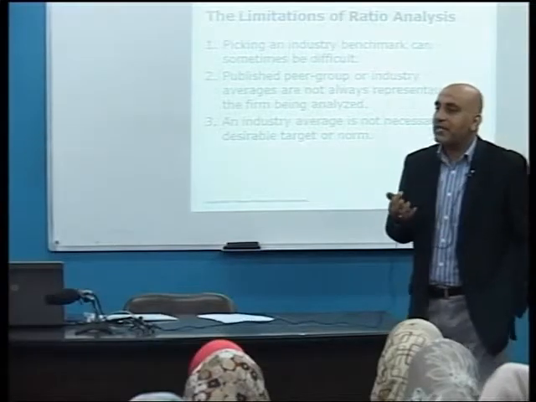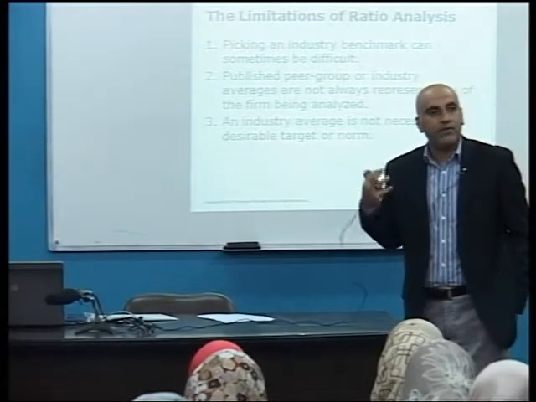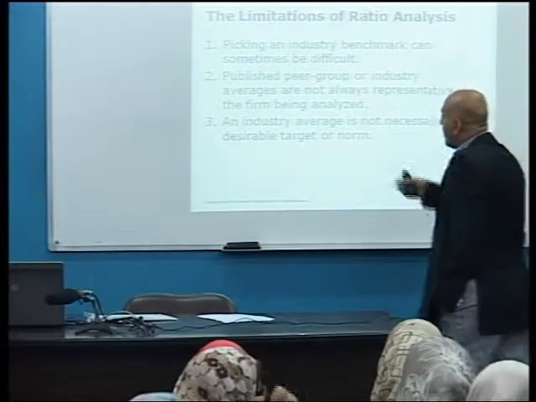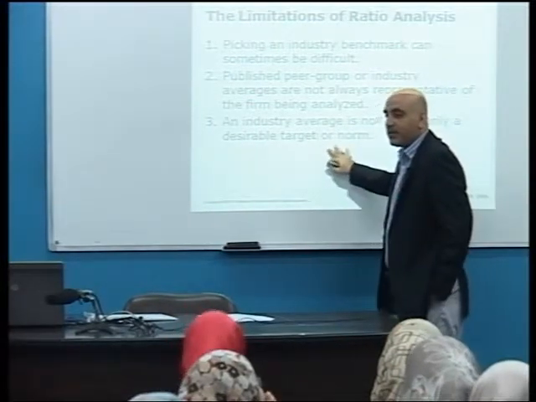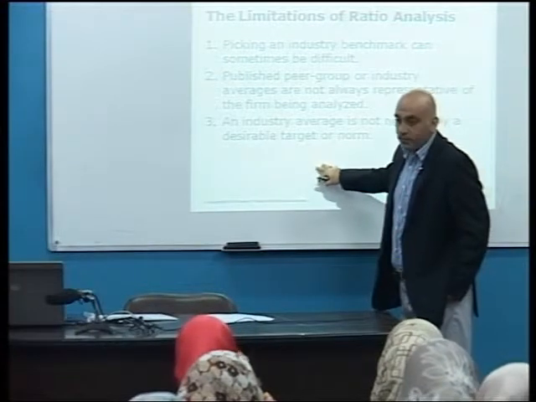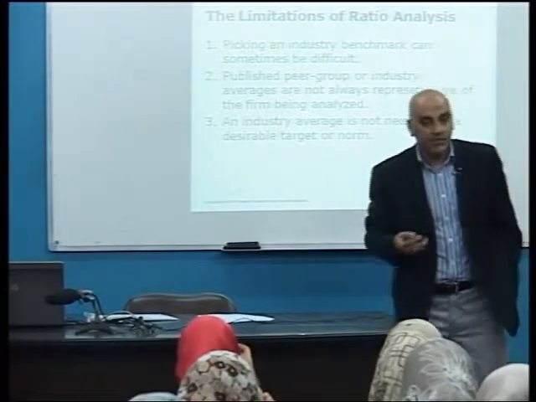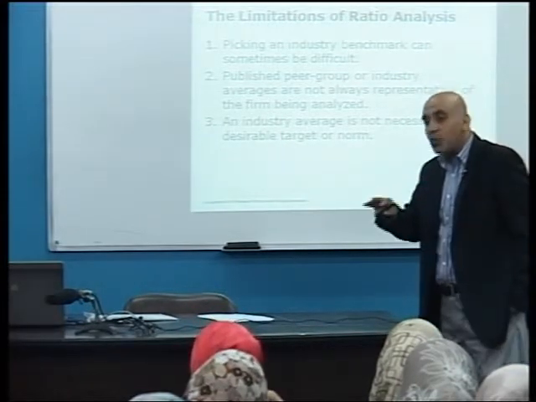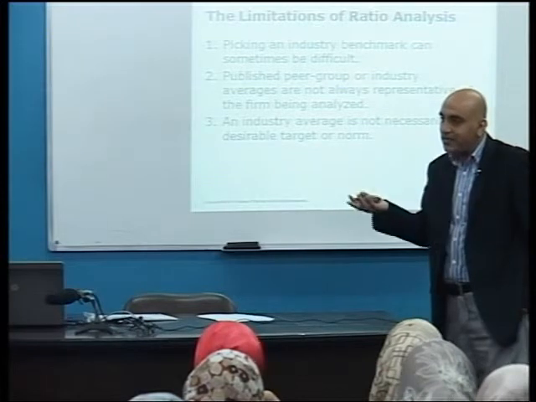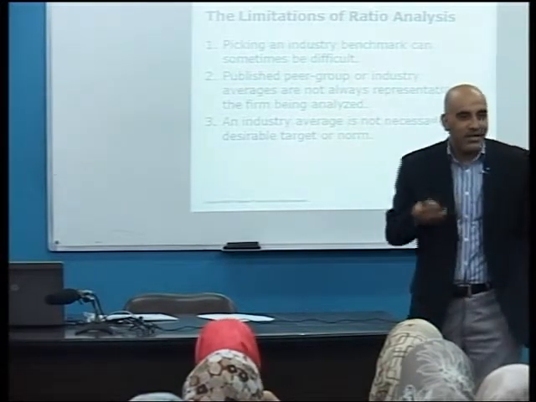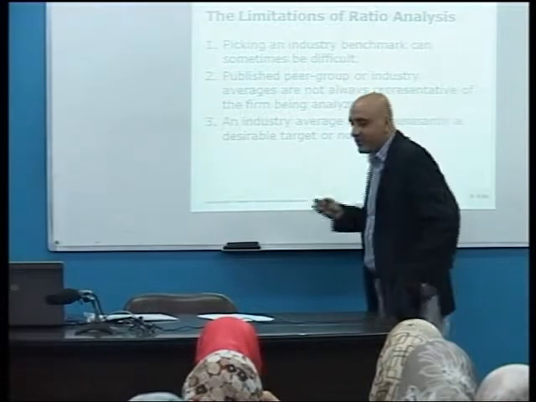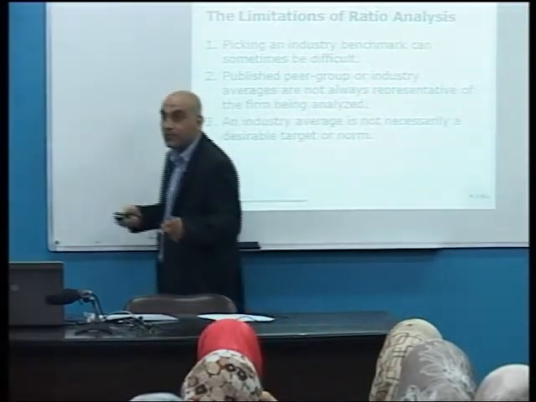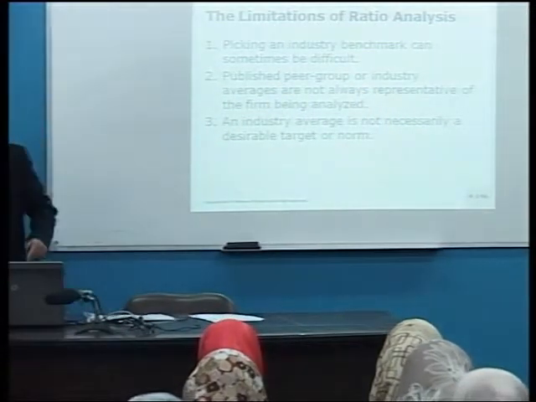Sometimes the industry average does not reflect the promise of the company because the industry is influenced by economic factors. For instance, during a recession period, the industry average is going down. So you are comparing yourself with a market going down. So it does not reflect the desirable action for a particular business when the whole industry average is going down.